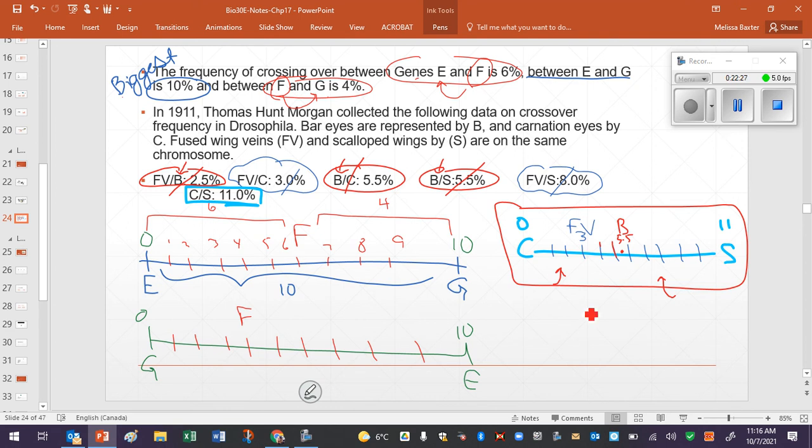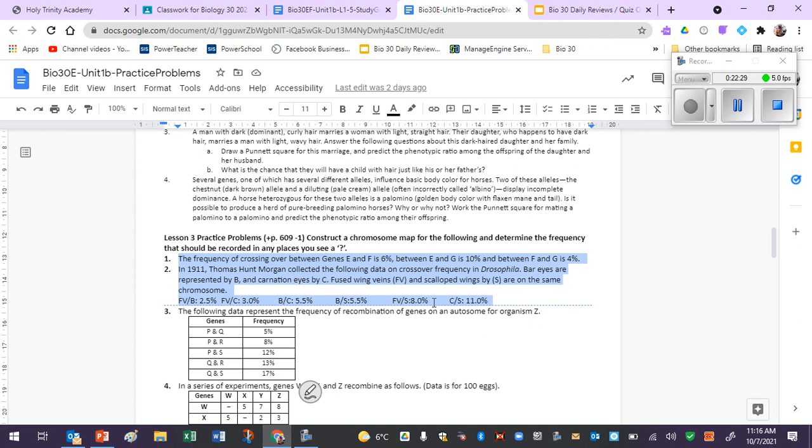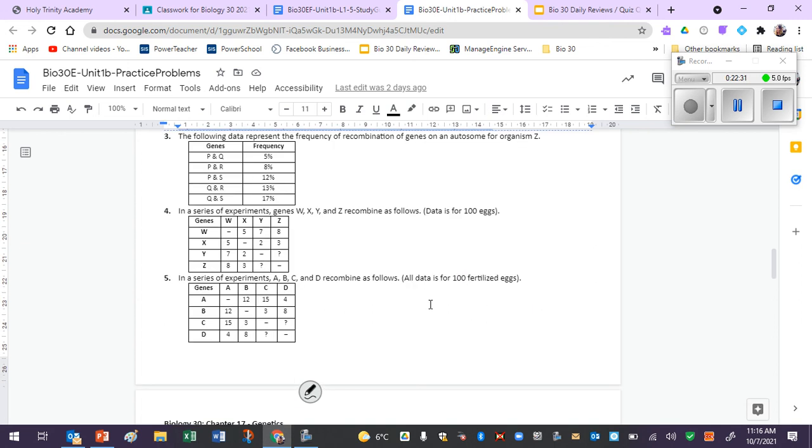Okay. So I just want to show you a couple of things on the practice problems. Number 4 and 5 give you the data in a slightly different format. Instead of just giving you percentages, they're showing you the number of times it happened, but the data is always for 100 eggs. So when I look at number 4 and number 5, and I see those numbers, since my total is 100, I know that those are really percentages.